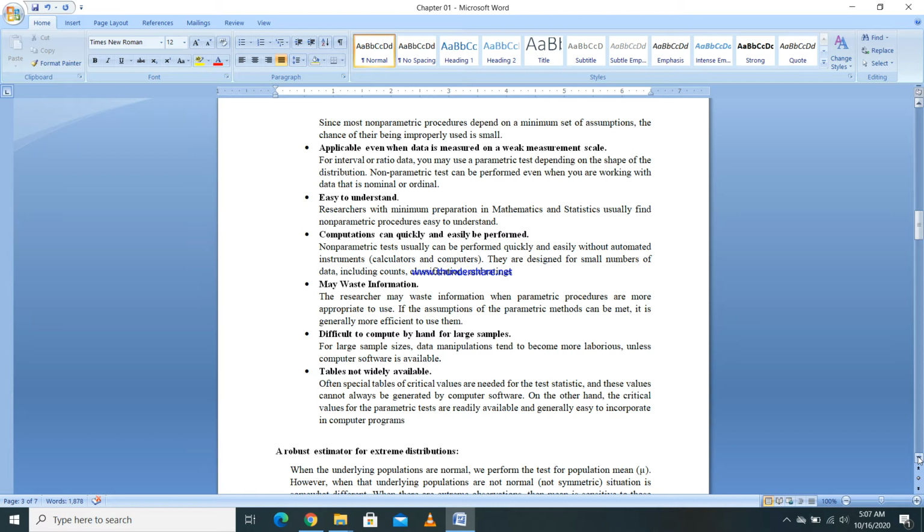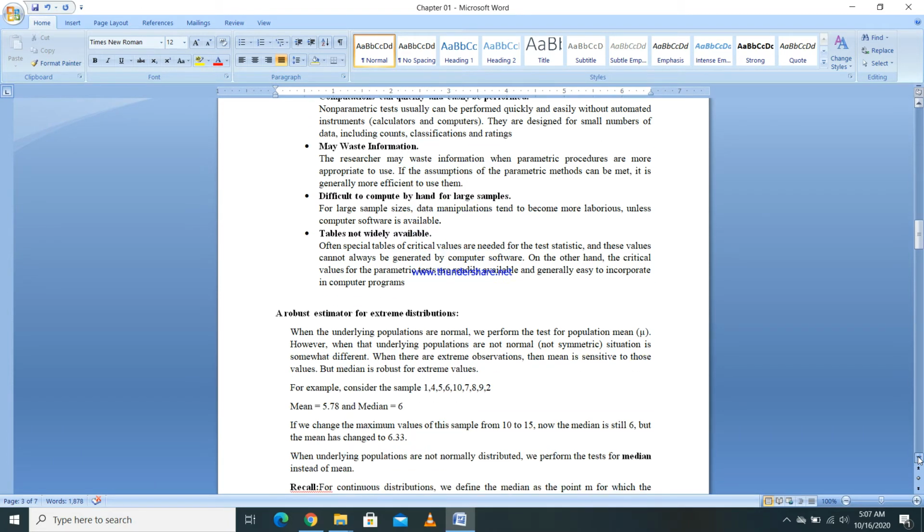Like in parametric, you refer to the Z table and T table. In non-parametric, you have to refer to the binomial table, runs table, Wilcoxon table, likewise. But these tables are sometimes very long and also not widely used. Because of all these reasons, that is also becoming a disadvantage. So you can see there are advantages and disadvantages when it comes to non-parametric methods.